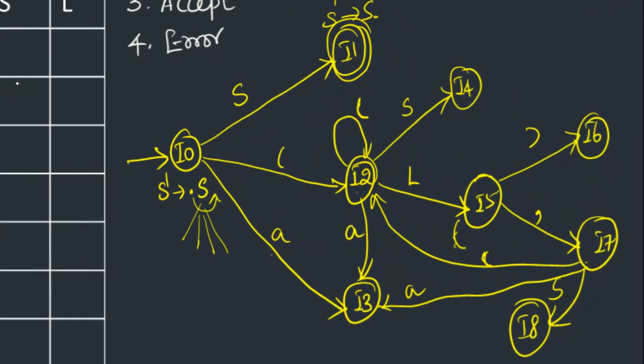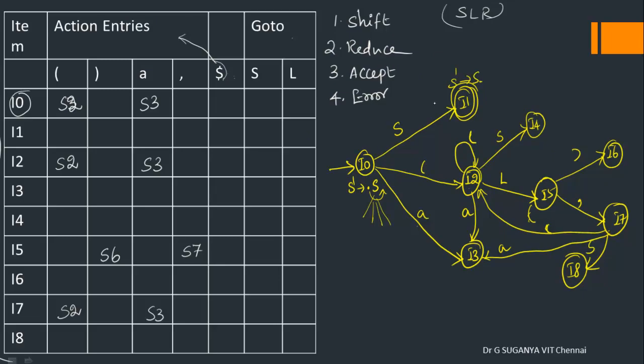From I0 on capital S, what is the destination? It is state 1. It is not shift. You keep in mind, after reducing the top of the stack using a production, what is the state change the system should make? That is given here. Then from I0 on S, only one transition. From I1, no outgoing edge.